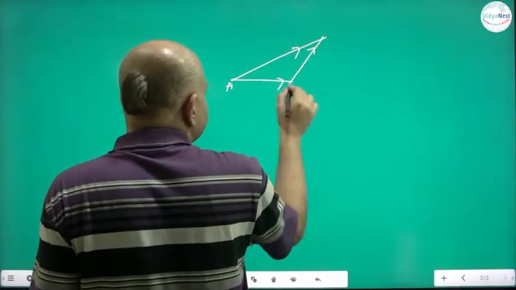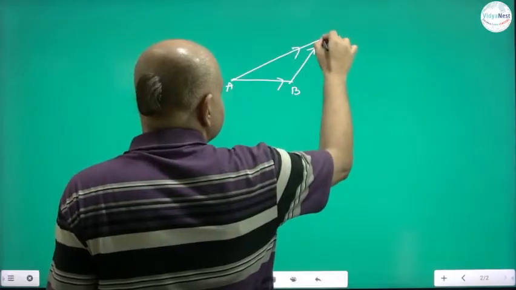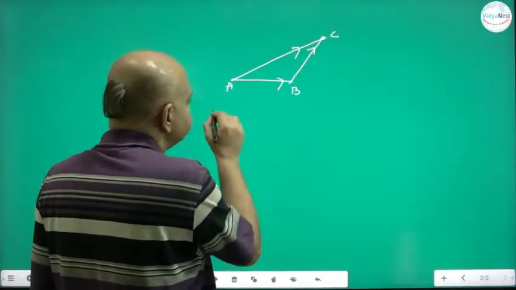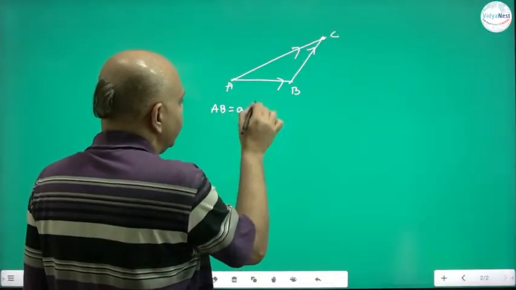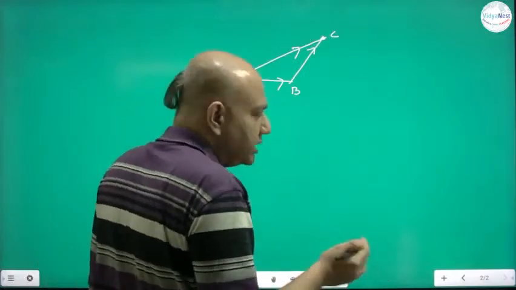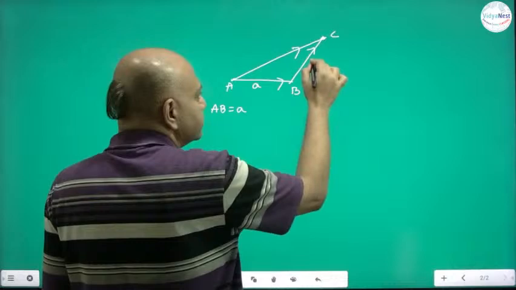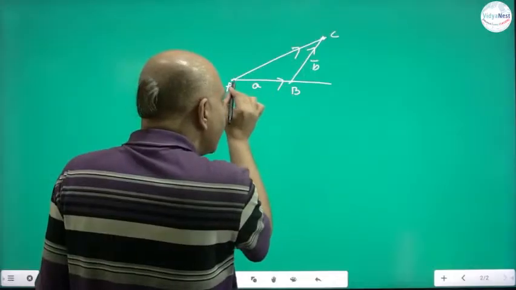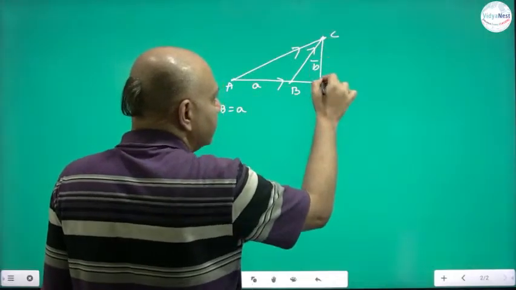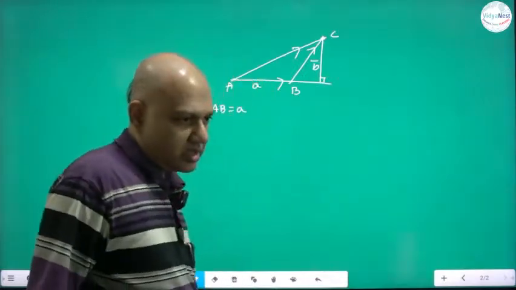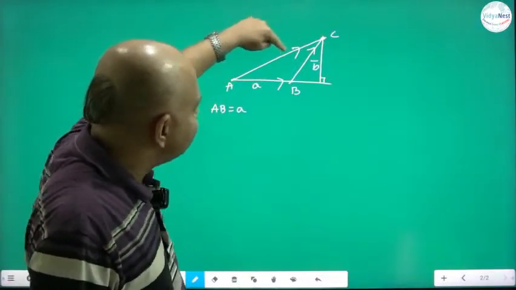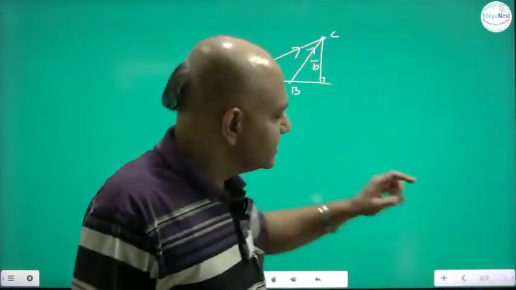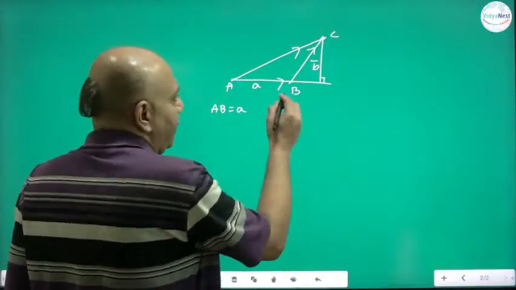This is A, B, C. Now suppose the length of AB is equal to A, the length of BC is equal to B. I am producing this AB line, dropping a perpendicular from here, because I want to find the magnitude of AC.